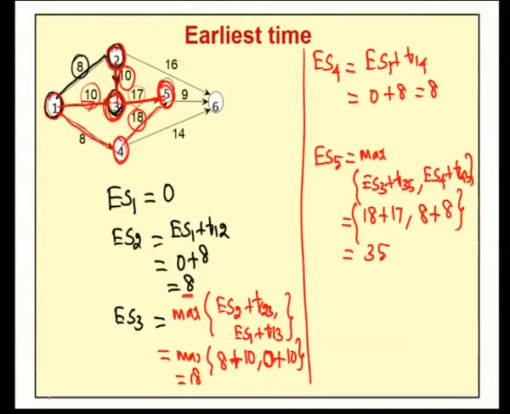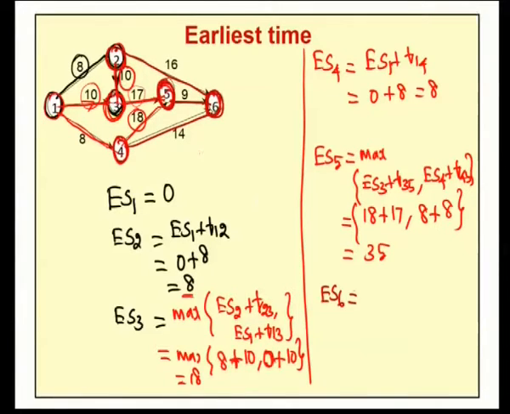Now, for the final node, node 6, we have to compute the earliest starting time, which is ES6. If we consider the node 6, there are three incoming activities. One is from node 2, another one is from node 5, the third one is from node 4. So one activity is 2 to 6, another is 5 to 6, another is 4 to 6.